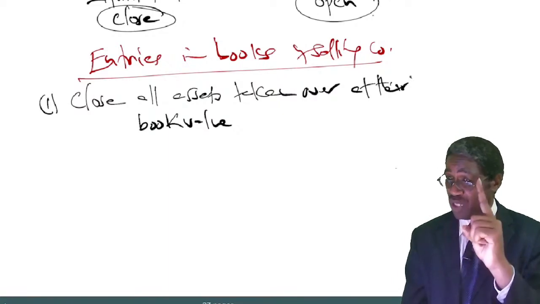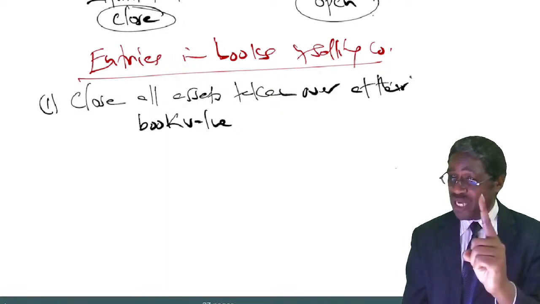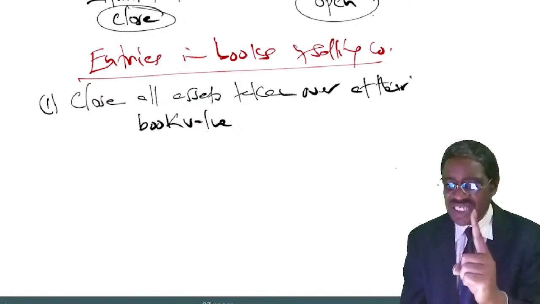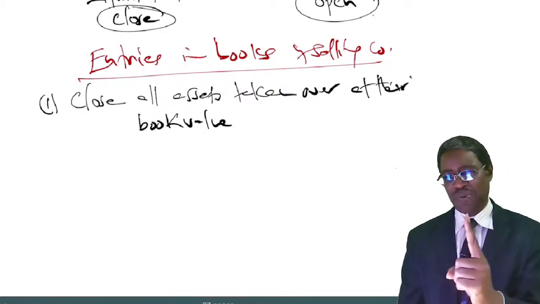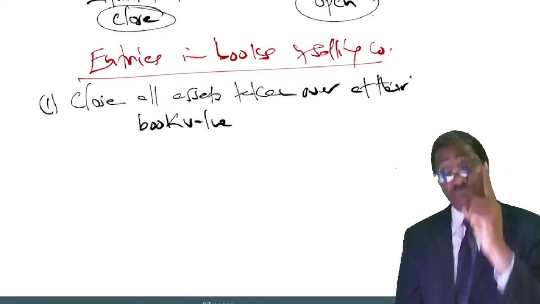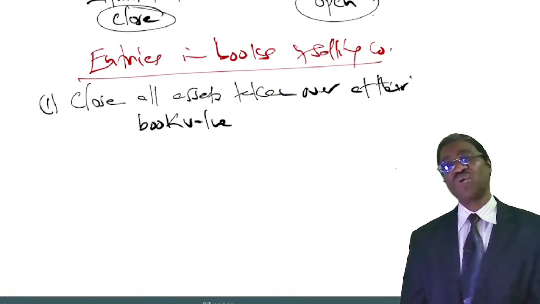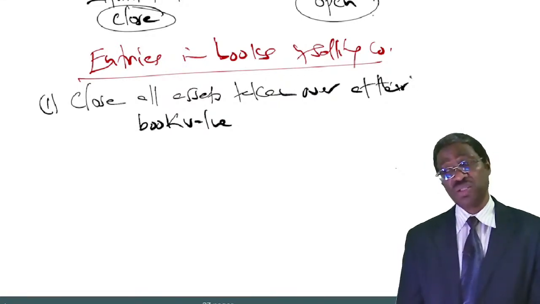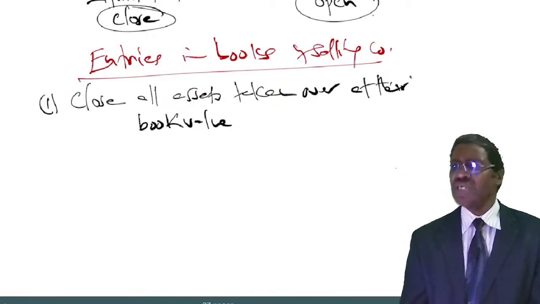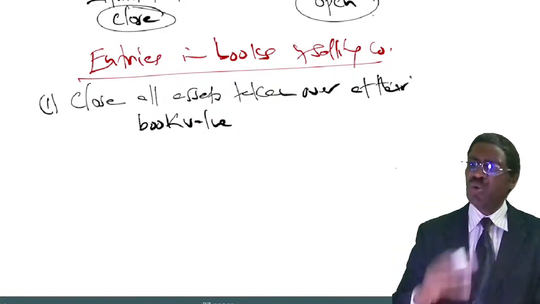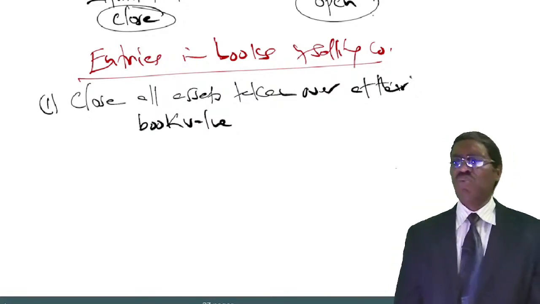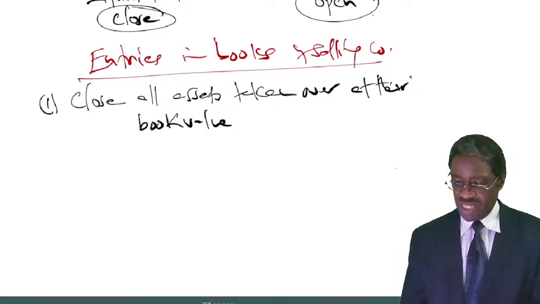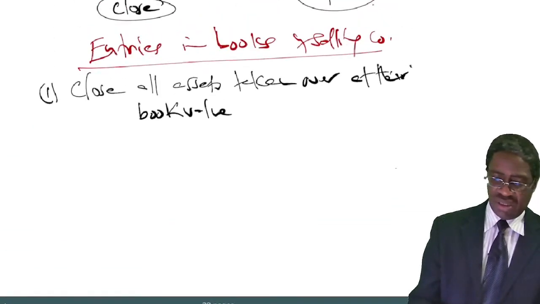That's step number 1. That you, company A, close all assets taken over by the purchasing company at their book values to a realization account. The question will tell you which assets of company A were taken over by company B. Let me now assume that we have been told the assets, whichever they are.